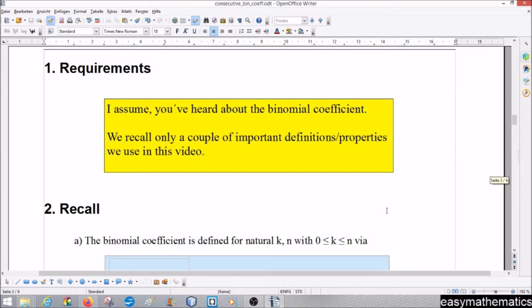In this video I assume that you've heard about the binomial coefficients. I will not talk so much about them. I just want to recall a couple of important properties we will use here.